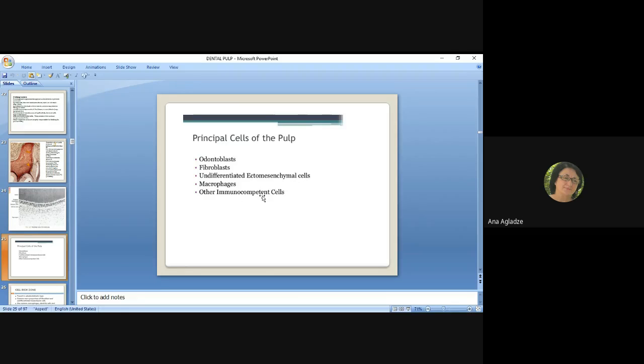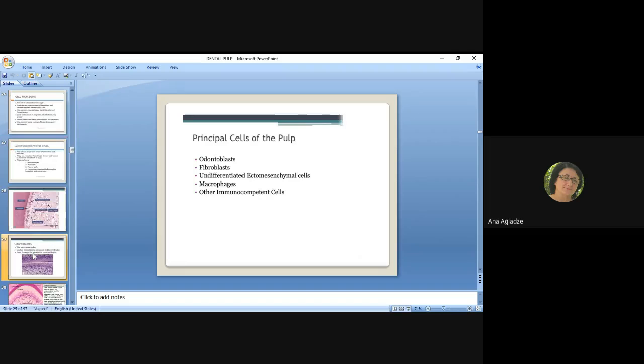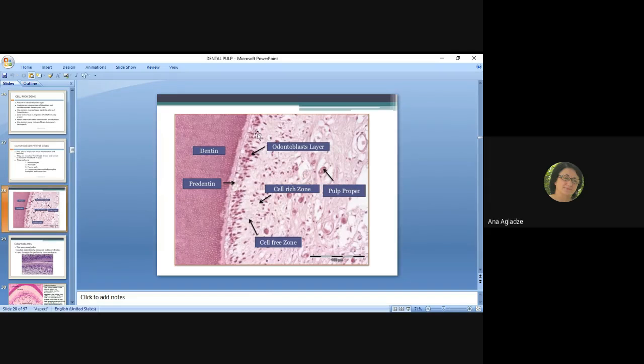About odontoblasts, here you can see these are odontoblasts. They are differentiated from mesenchymal, ectomesenchymal cells. You can see that beneath this odontoblast layer, there is the cell-free zone, which contains the processes of different cell types. And beneath it is the cell-rich zone.